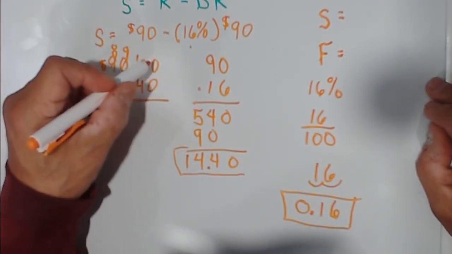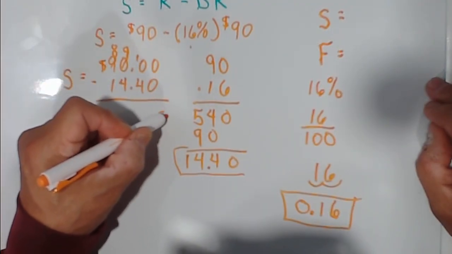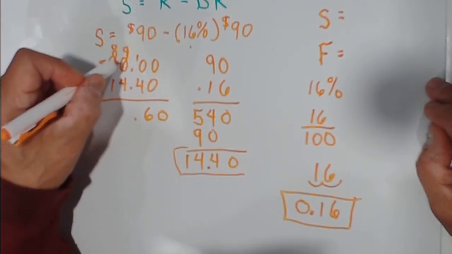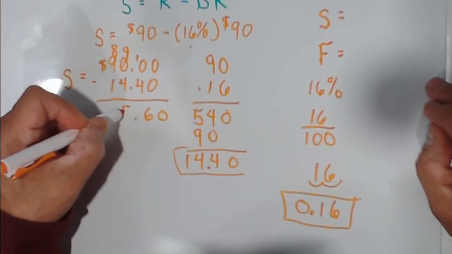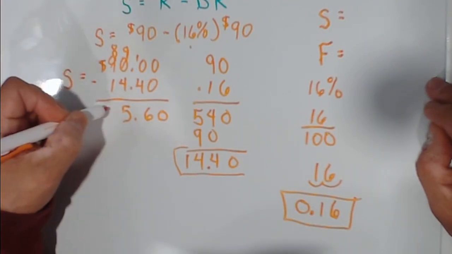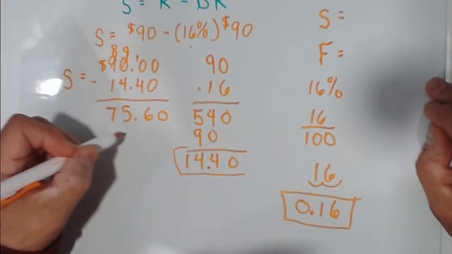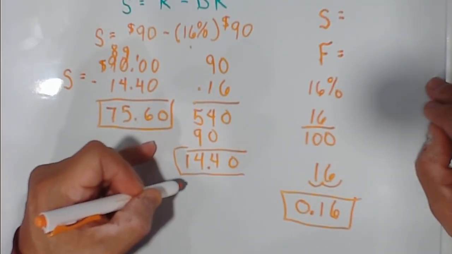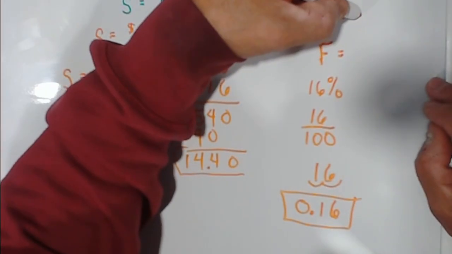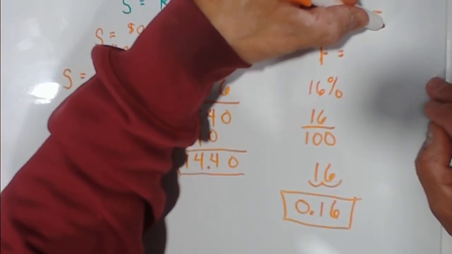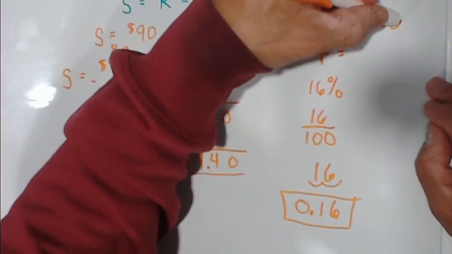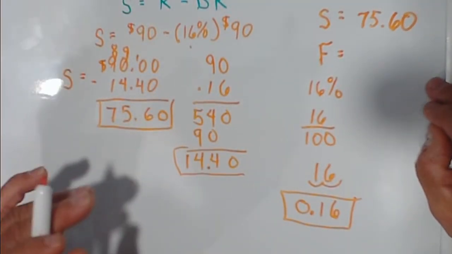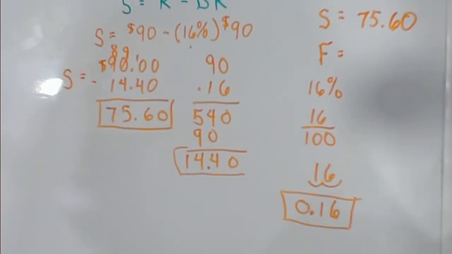So 0 minus 0 is 0, 10 minus 4 is 6, 9 minus 4 is 5, 8 minus 1 is 7. Our sales price is $75.60. But we still need to find the final cost.